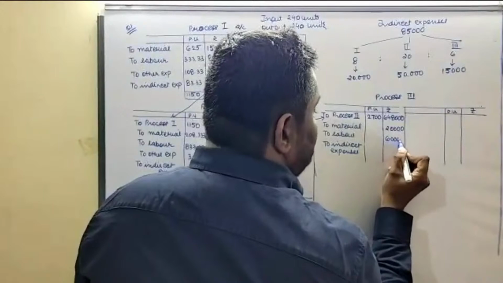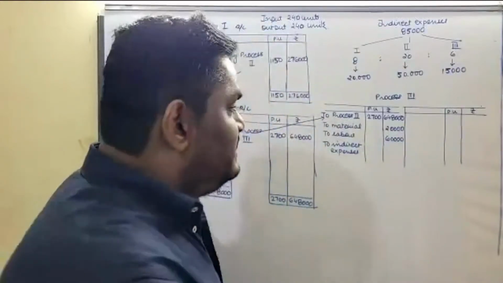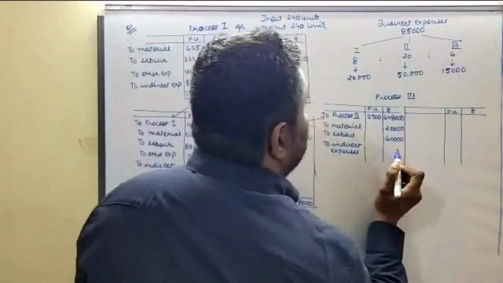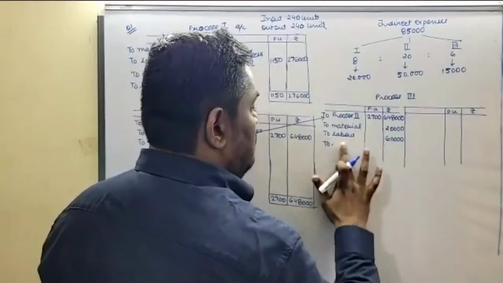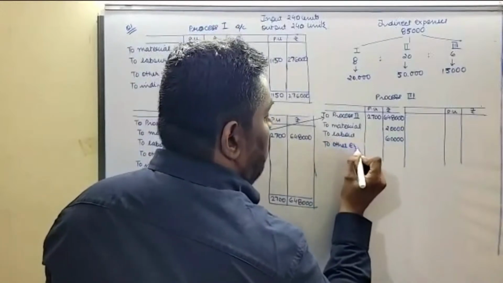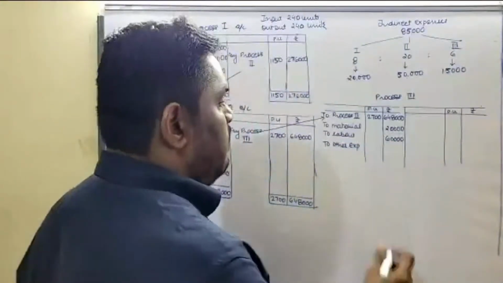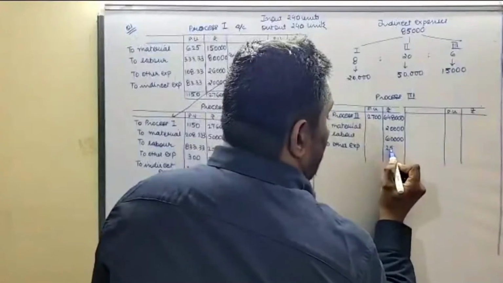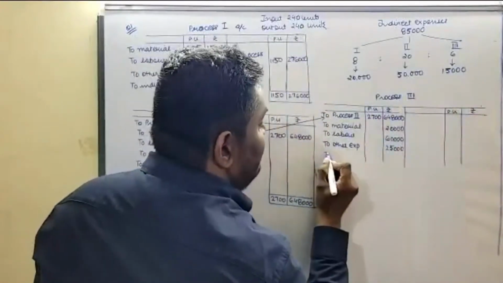Labor cost is 60,000. And other expenses are 25,000. Further indirect expenses are 15,000.